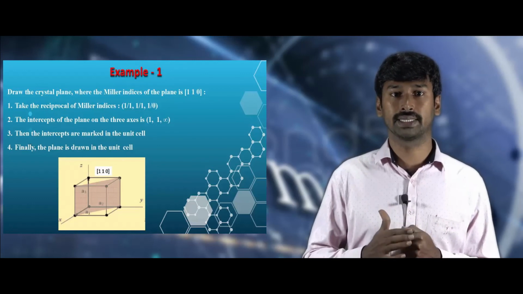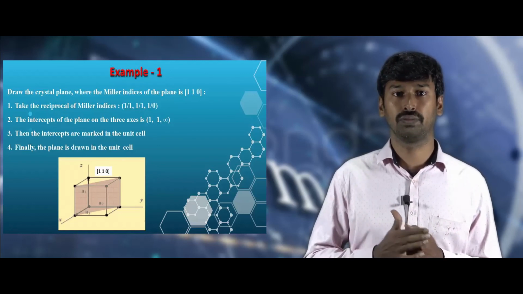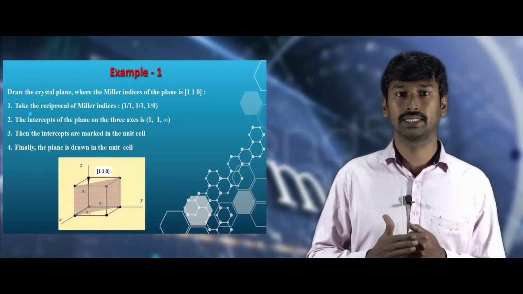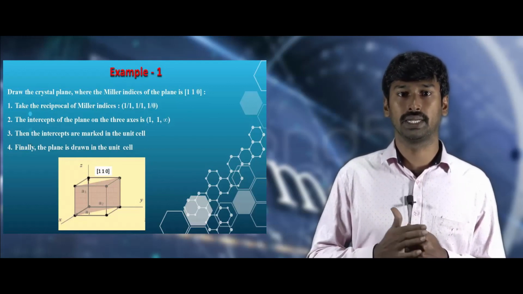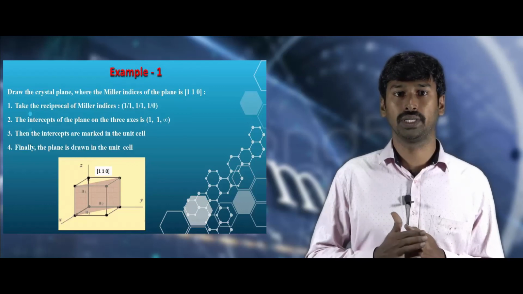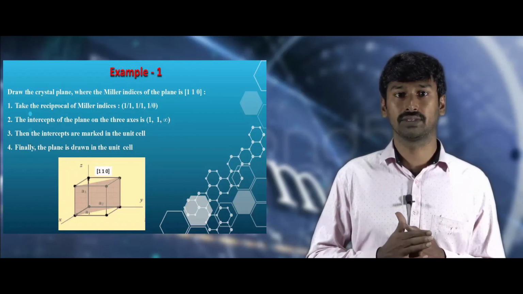If any axis has an intercept of infinity, then we must draw the plane which is parallel to that axis. Then these intercepts are marked in the unit cell and the plane is drawn, which is shown in this figure. It cuts the x and y axis at one unit, and is parallel to the z axis, where the intercept of the z axis is infinity.